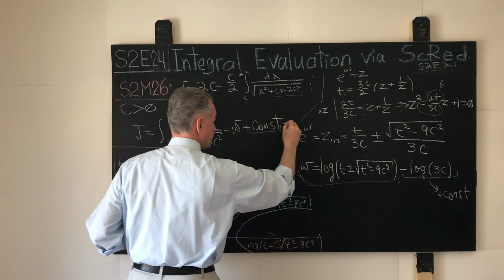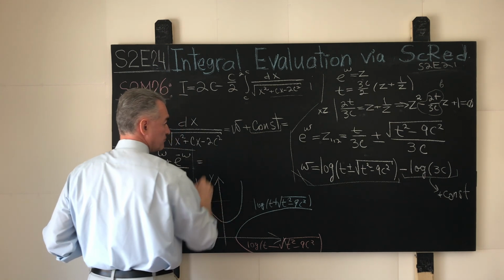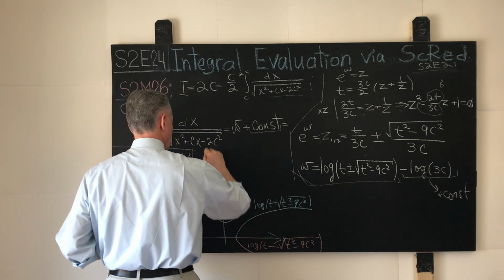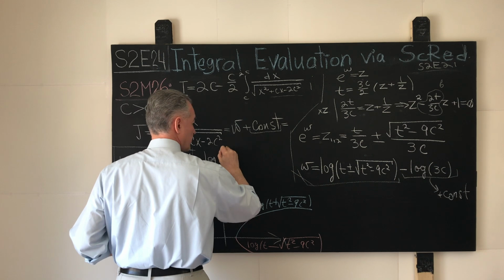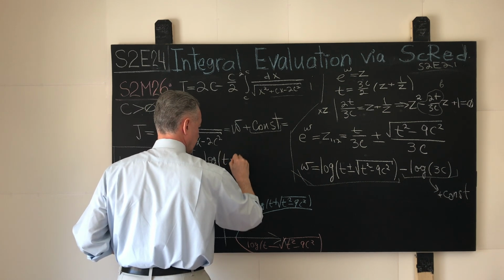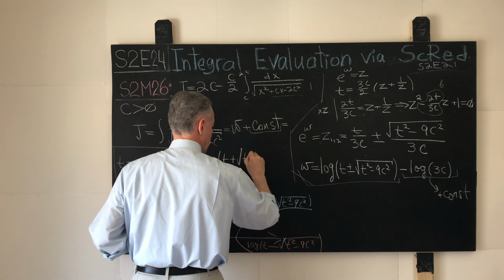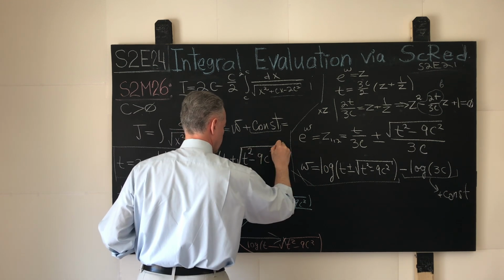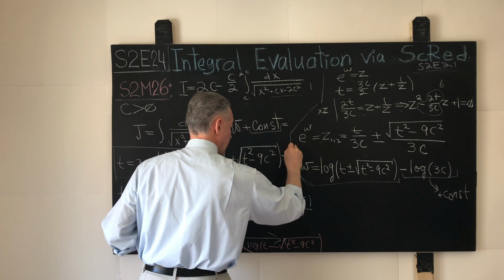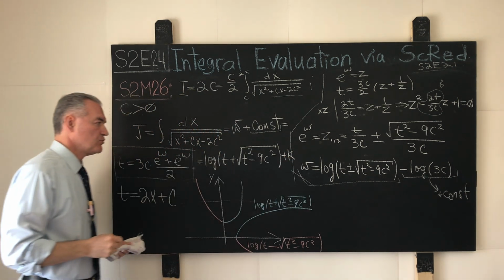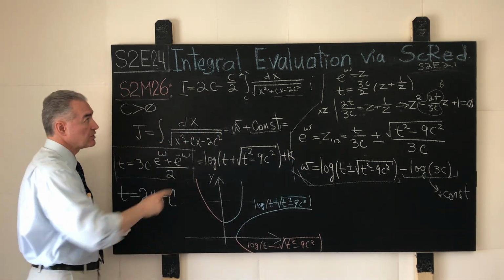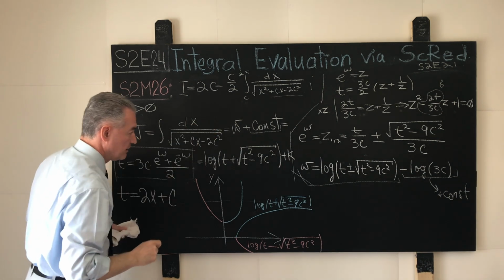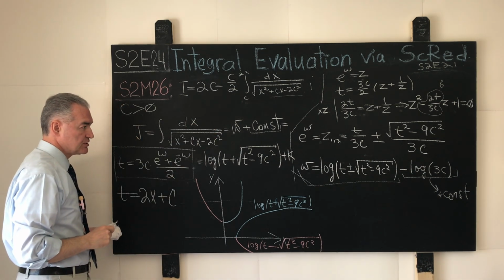So what do we have? Let's write it down. The logarithm of t, we will take the plus sign, t squared minus 9c squared plus a certain constant, which in our case we do not care about because we're about to apply the limits, boundaries of integration in the next moment.